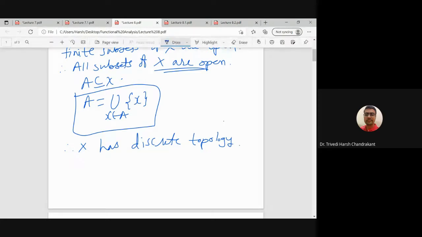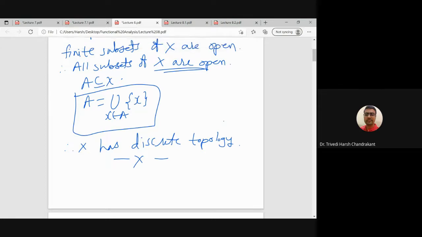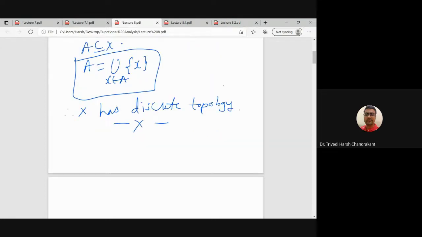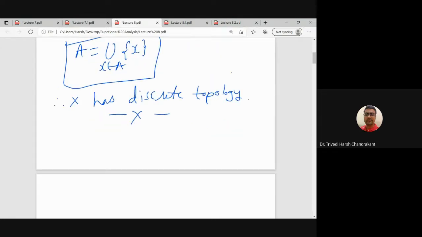So this topology is coming from the metric. It is a metric space, and we have identified what the open sets are. So therefore it is a topological space. Okay, so that is just an example with the metric space.